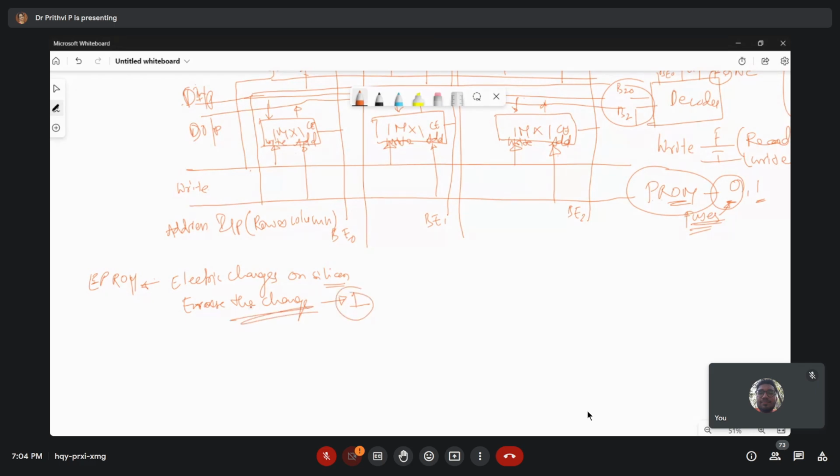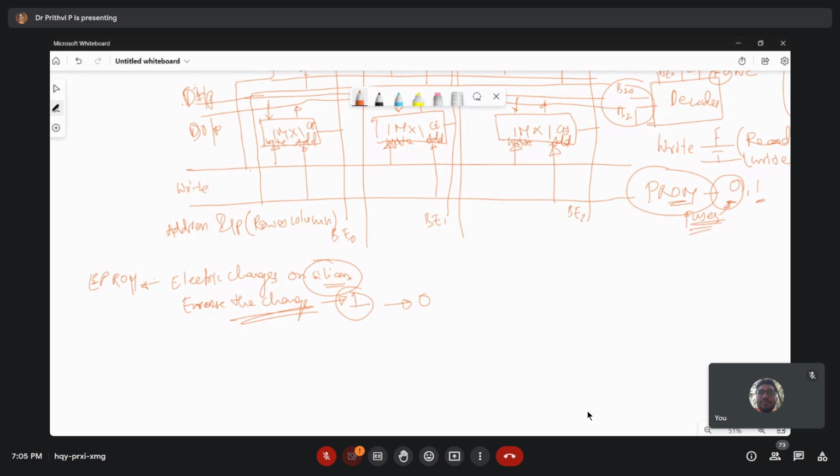And if you want to write 0 back, what you have to do is put this silicon chip into high voltage, exposing it to high voltage, and that will make it a conductor. So it will allow the charges to accumulate on silicon.